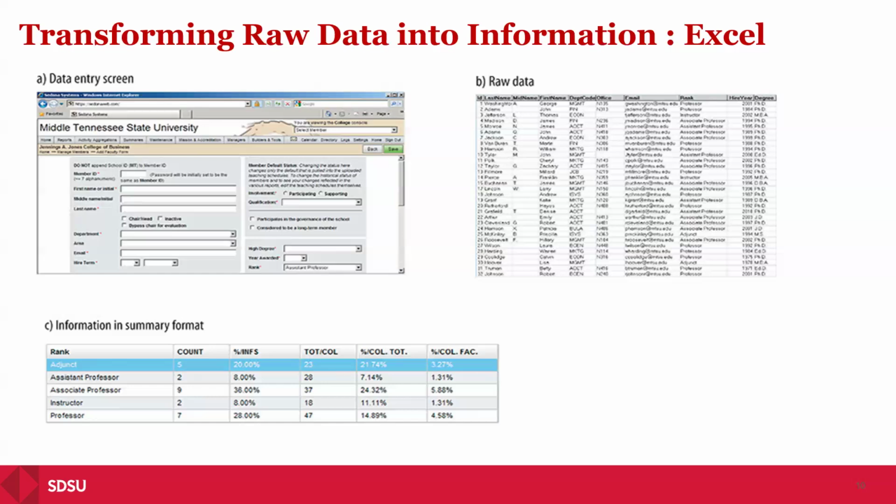In this case, we group by a specific rank. Again, we start from the data entry screen, get into the raw data, and end up summarizing this raw data into information, which is data in the summary format.